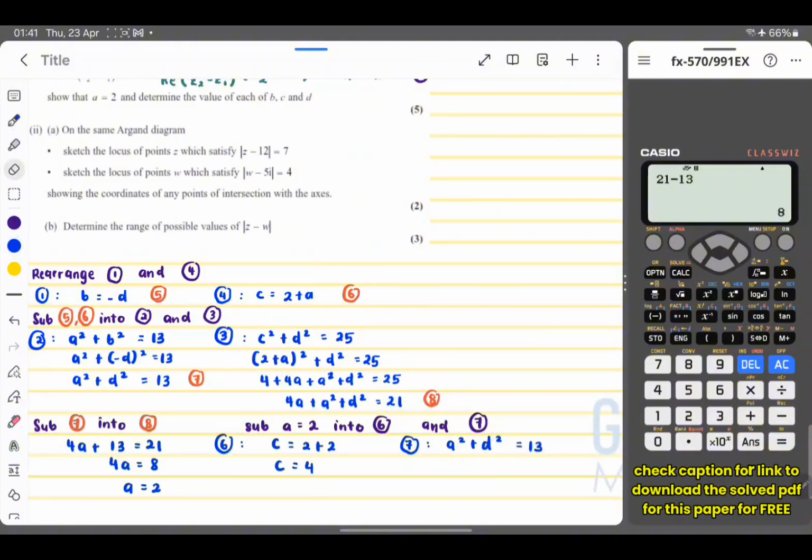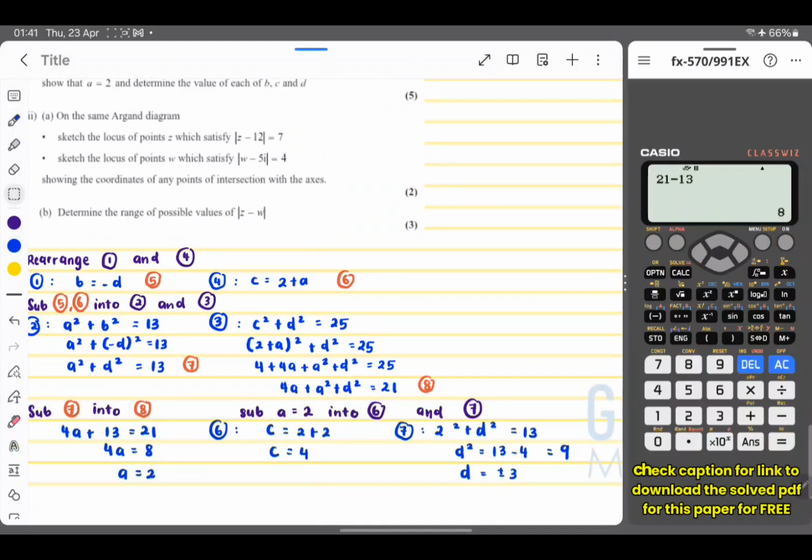So, what is our A? Our A is 2. So, D square is equal to 13 minus 4, which is equal to 9. So, D is equal to plus minus 3. Let's write one more line. D is equal to plus minus square root 9.